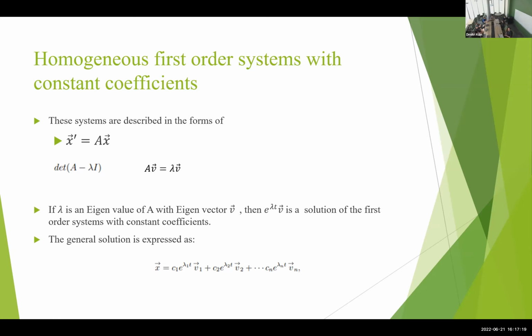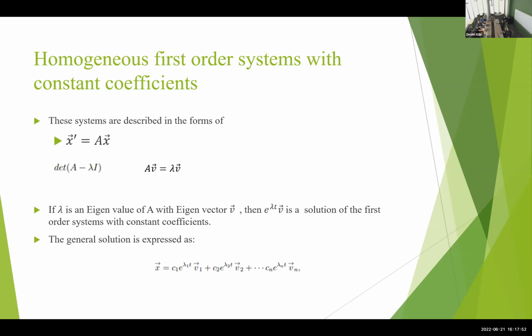First of all, we need to find the eigenvalues of the A matrix, for which we need to solve the determinant of the A matrix minus lambda times the identity matrix. By solving this equation, we obtain lambda, which gives the eigenvalues. After we obtain the eigenvalues of the system, we can obtain the eigenvectors.